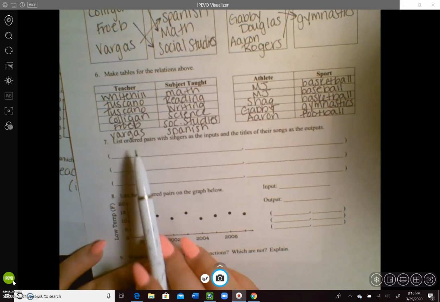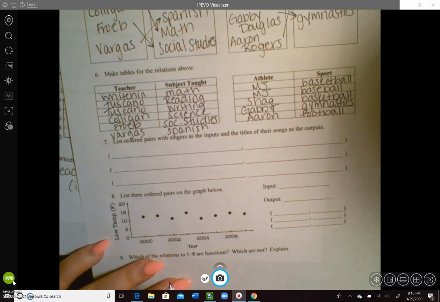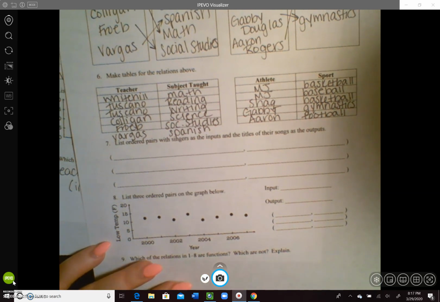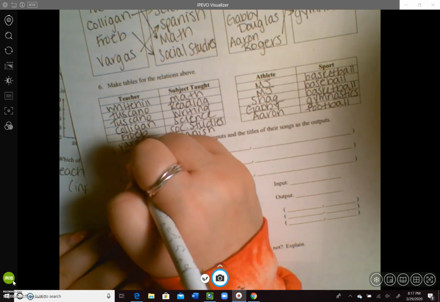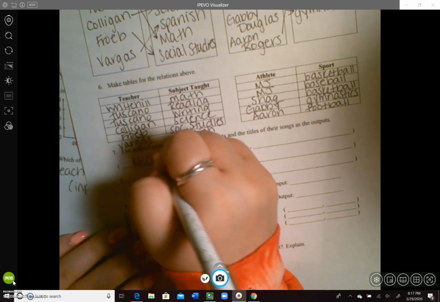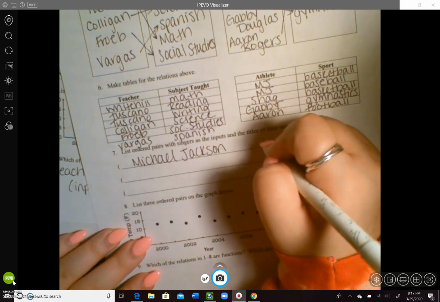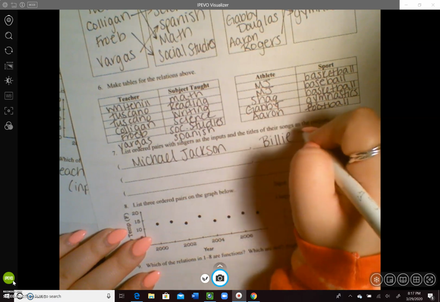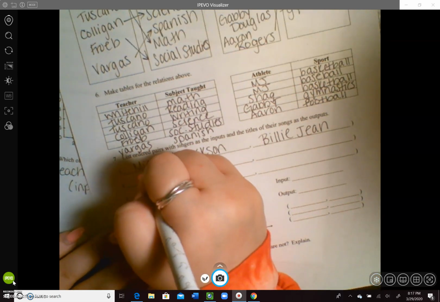Okay. Now we're going to practice ordered pairs. We want to list singers and titles of their songs as outputs. Okay, so let's do some Michael Jackson. Okay, Billie Jean. Good song. Another good Michael Jackson song is Thriller.